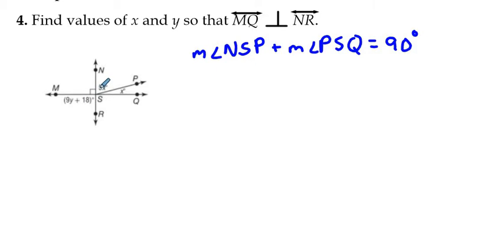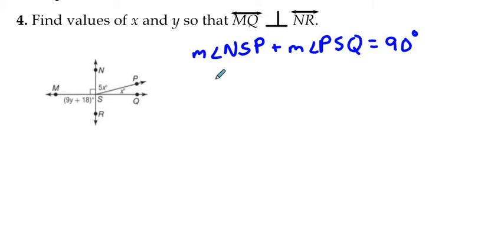Alright, because by the angle addition postulate, the measures of these two angles together makes the measure of angle NSQ. We want that angle measure to be 90 degrees, especially since we have this right angle symbol. That's what we want to happen.